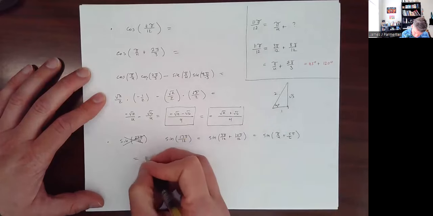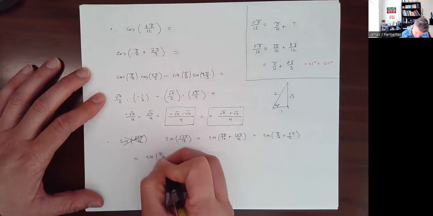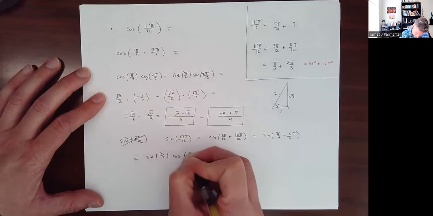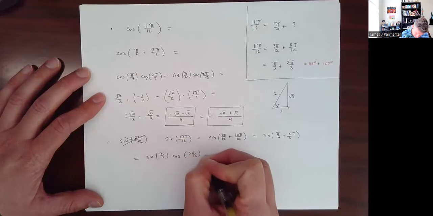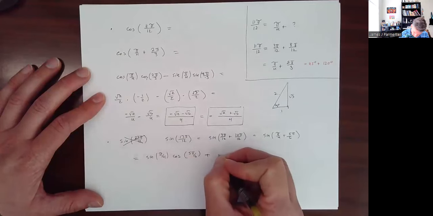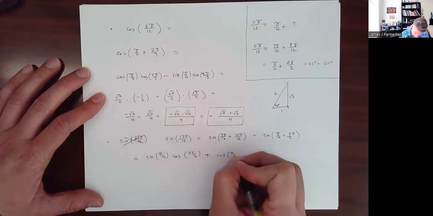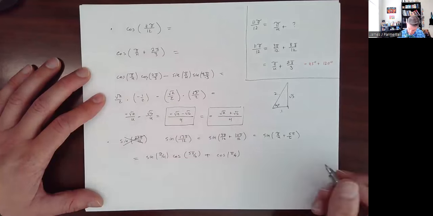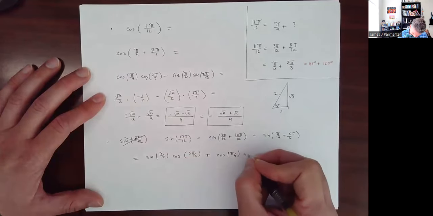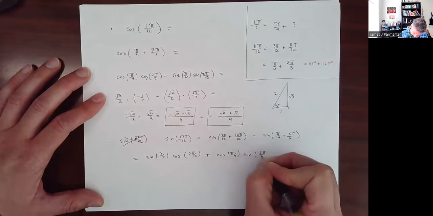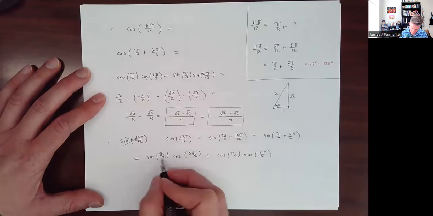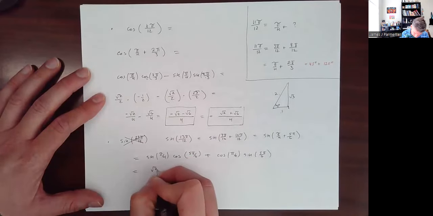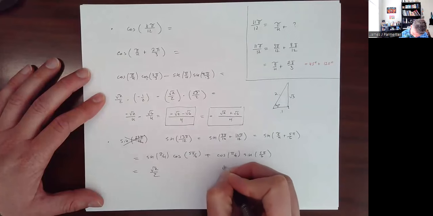So the sine formula is sine of the first angle times cosine of the second angle plus cosine of the first angle, and then sine of the second angle. So my reference angle, the pi over 4s are easy, right? That's a root 2 over 2 there, and that's a root 2 over 2 there.